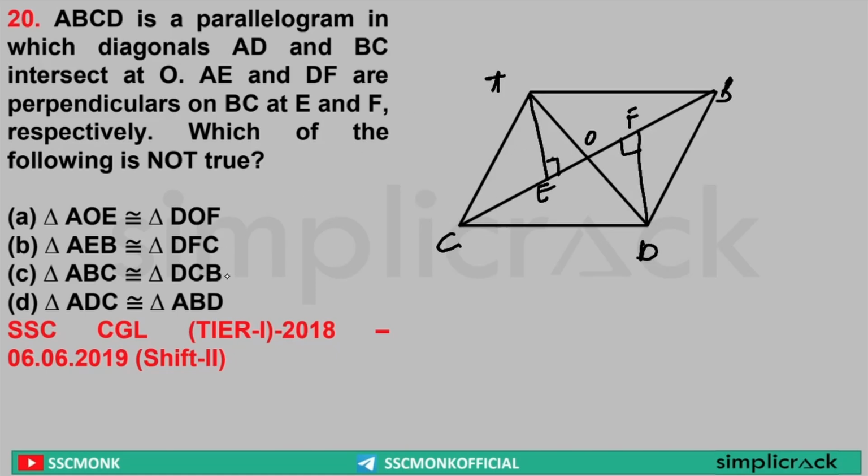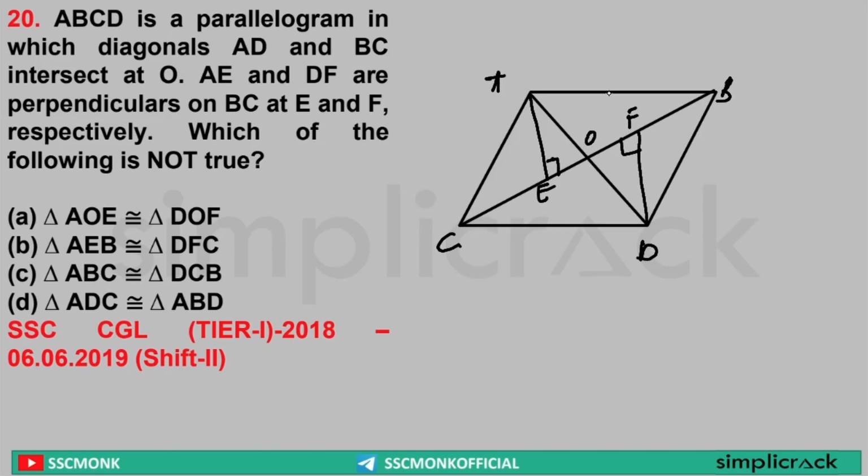ABC and DCB, they will be also similar because of the side. Then in a parallelogram, both opposite sides are equal. Now it is saying ADC and ABD. So it is saying ADC and ABD, how they will be equal?